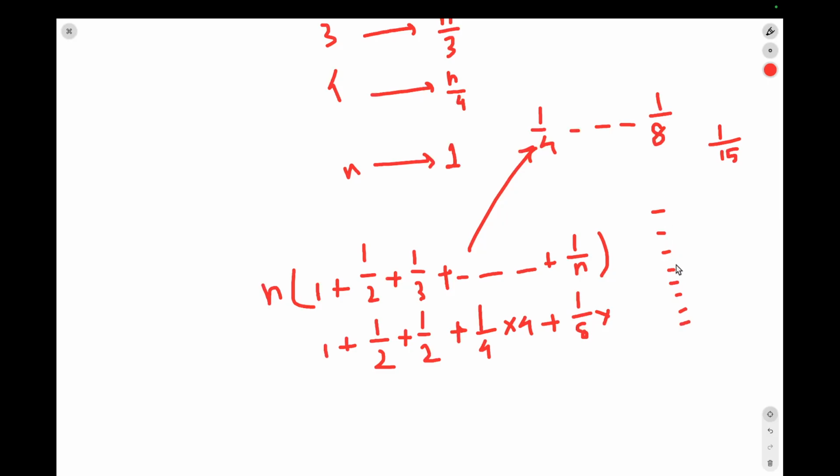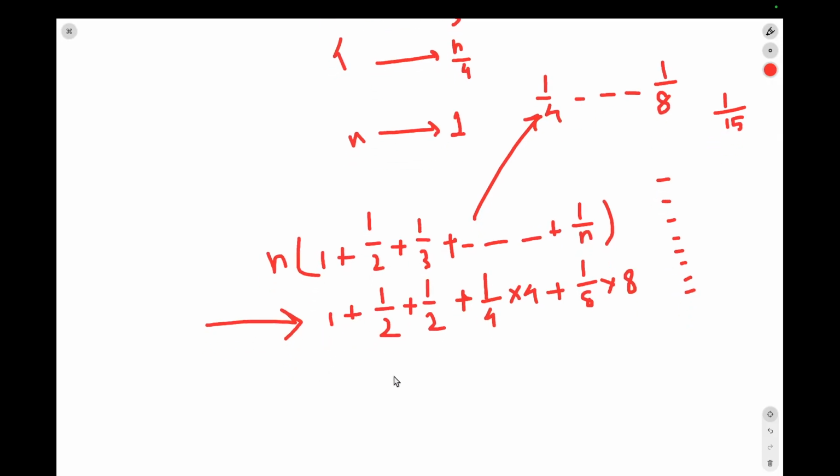For 1 by 9 also I have taken 1 by 8, and 1 by 9 is obviously lesser, so 1 by 8 is the bigger value. I have taken the bigger value to make the calculation of the complexity easier.